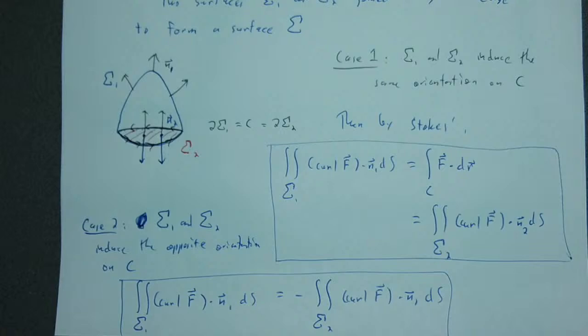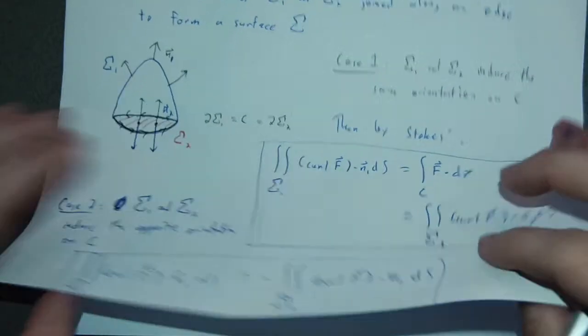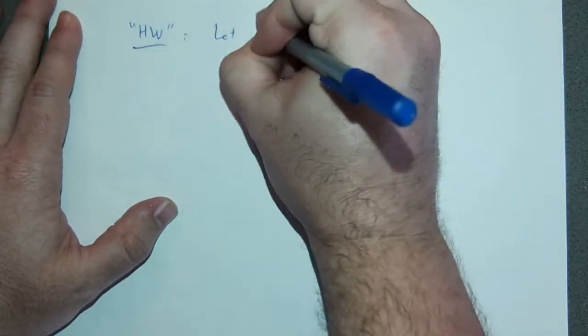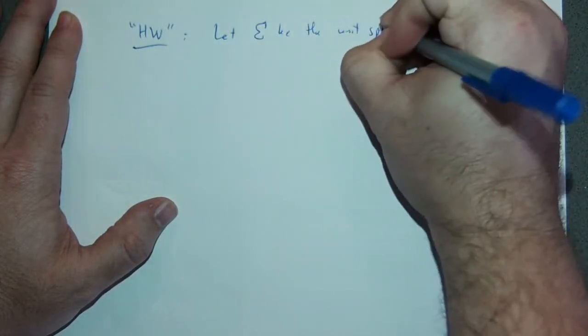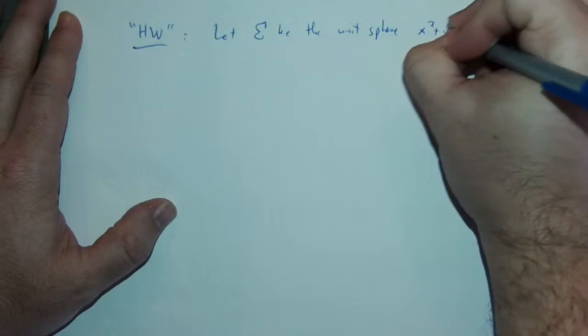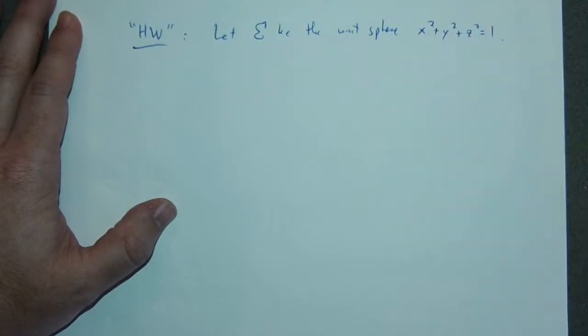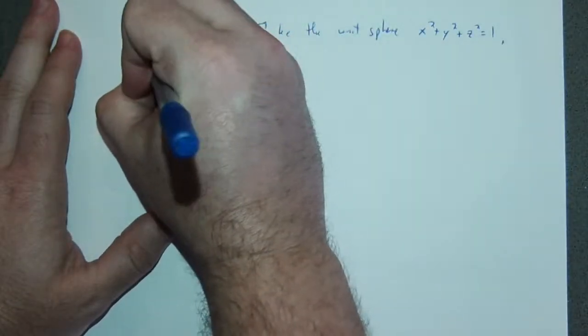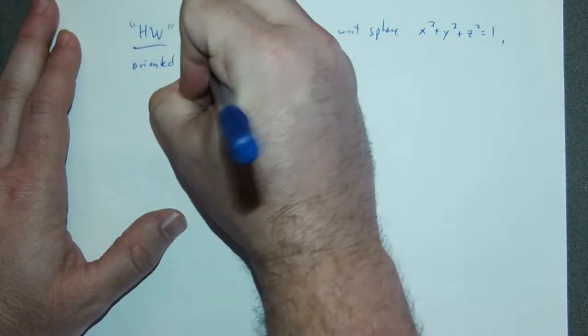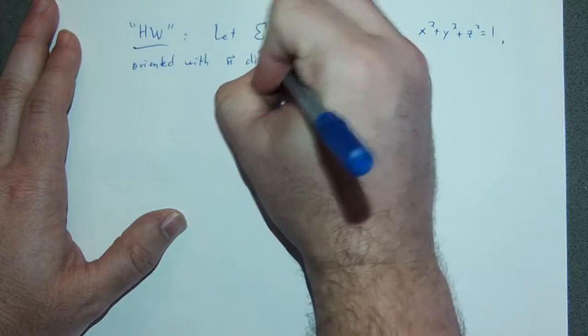So what is an application of this? Quick application. So here's homework, we'll say. This is not including any homework. I just want you to do this to check that you understand what's going on. Let sigma be the unit sphere, so x squared plus y squared plus z squared is equal to 1, oriented with normal directed outward.